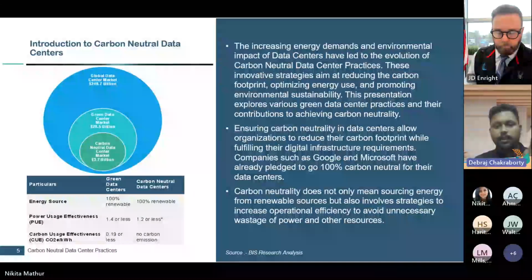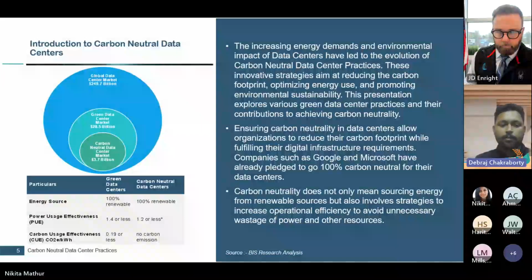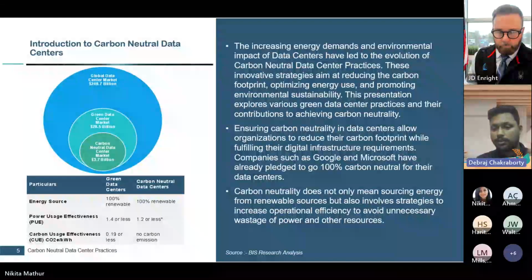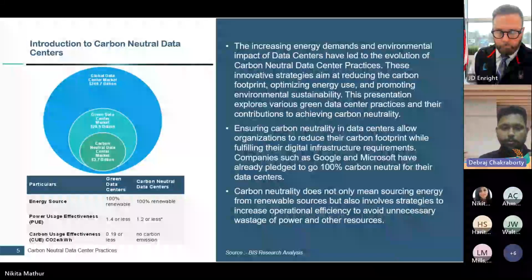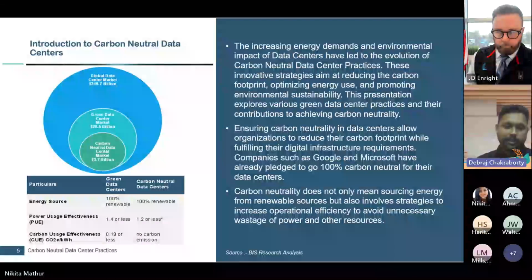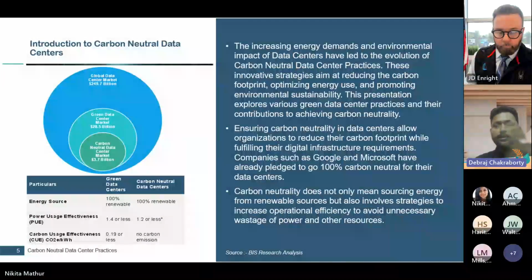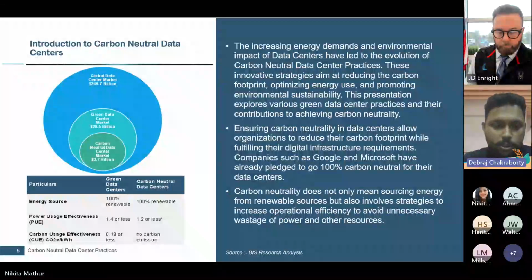To suffice it, a carbon neutral data center has to run on 100% renewable energy. The power usage effectiveness with current standards must be less than 1.2. 1.2 is something that is achievable. I would like to change that fact to 1.001, basically. Carbon usage effectiveness, no carbon emission. So this is what a carbon neutral data center looks like, or can be defined as.